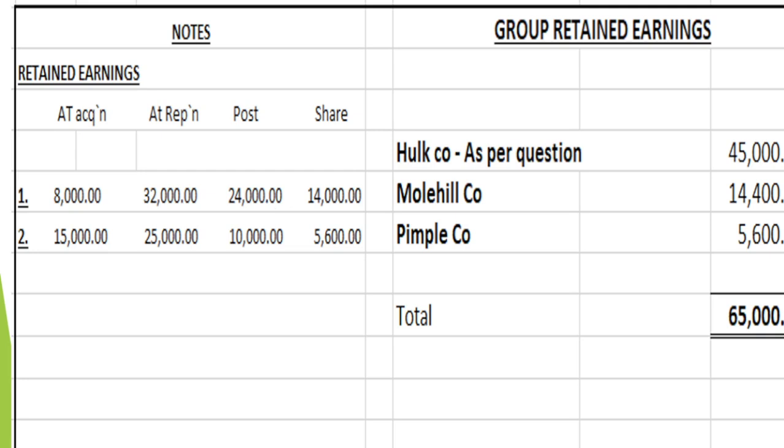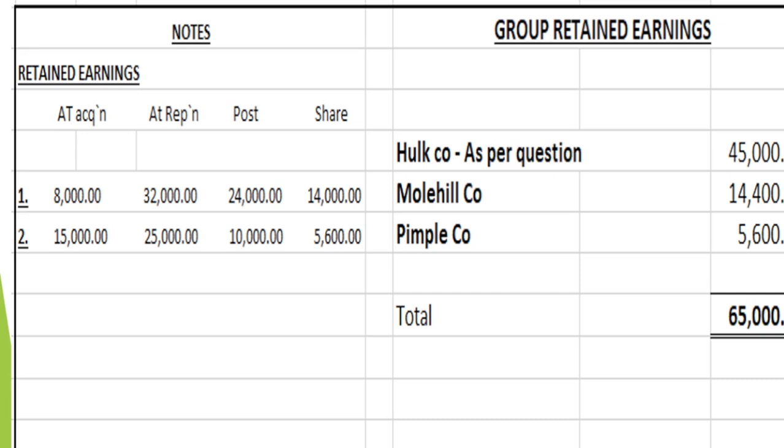So the group retained earnings for More company at acquisition were standing at 80,000 kwacha. Then at reporting, you're given that it is 32,000 kwacha. So the post-acquisition figure is the difference between the two: at start it was 80,000 kwacha, at reporting it is 32,000 kwacha.